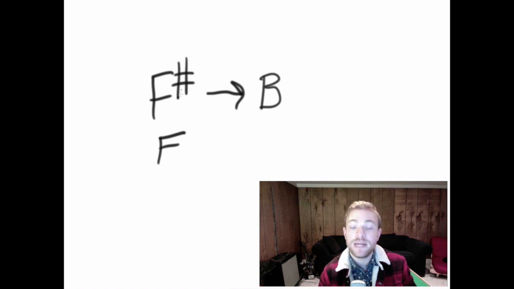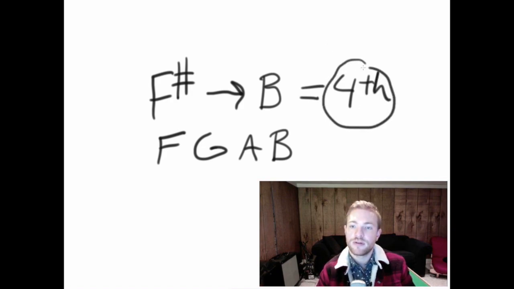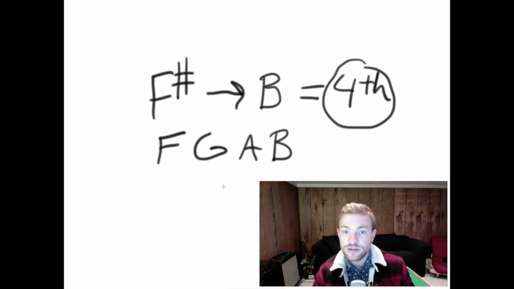How many alphabetical steps does it take to get up to B? F, G, A, B. So once again, this interval is an interval of a fourth. Okay? So hopefully that explains how we determine the numerical definition or the numerical name of an interval.